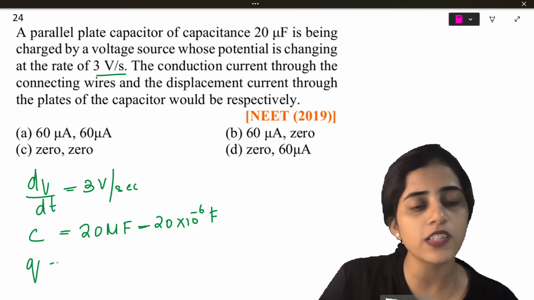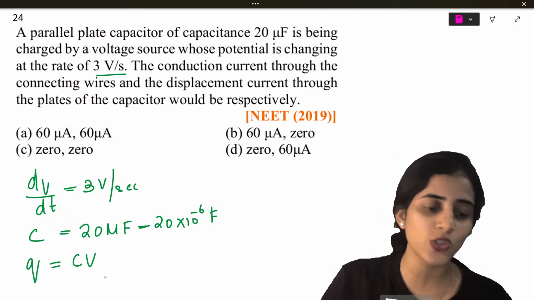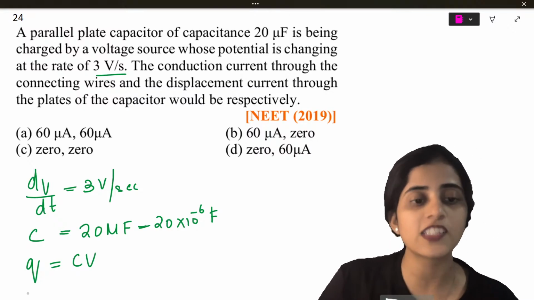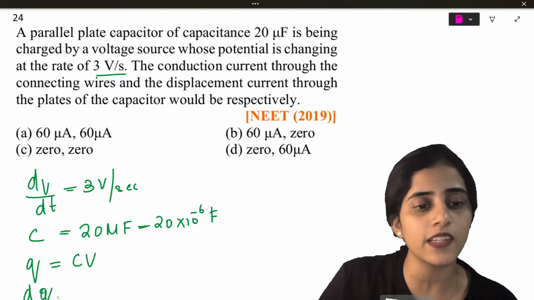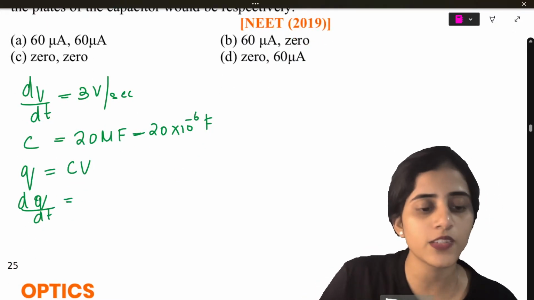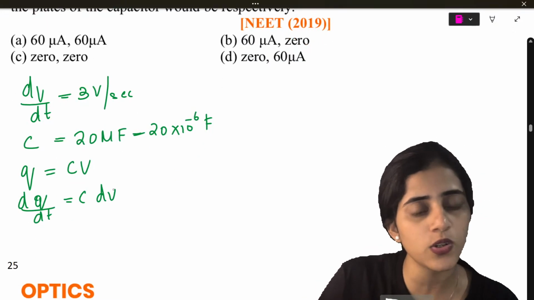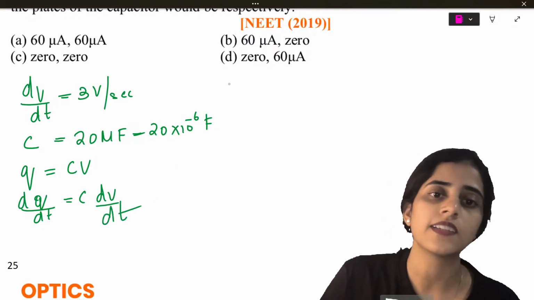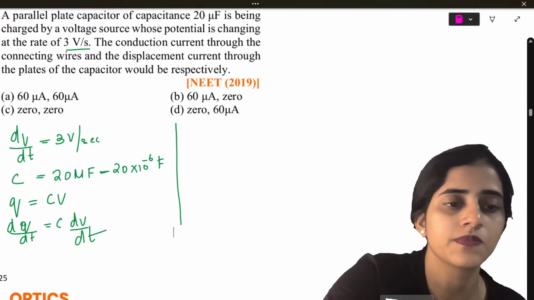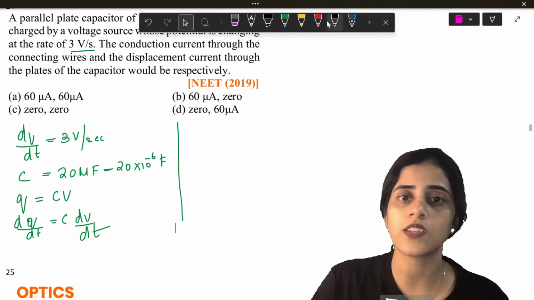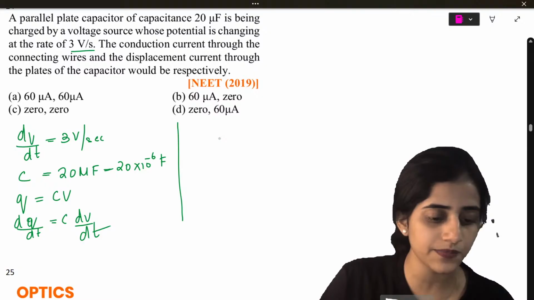Okay. Now what is the formula? Q is equal to CV. Now let's differentiate this. So dQ by dt is going to be equal to C into dV by dt.